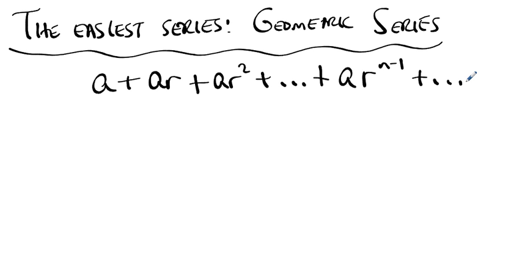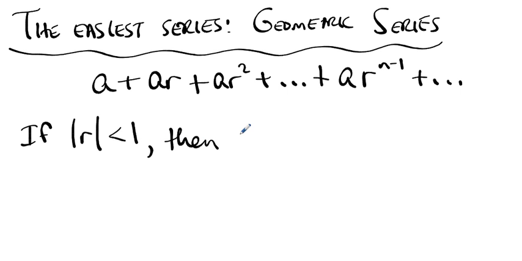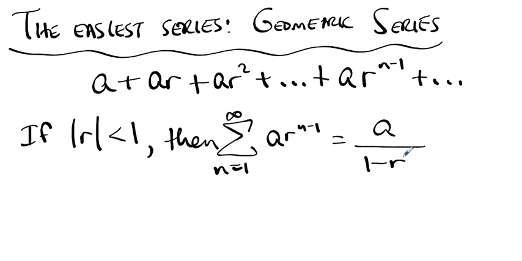This you remember from high school. Someone has proven these results to you, I trust. And those results are as follows. If the absolute value of the common ratio is less than 1, then the sum of the infinite geometric series is first term over 1 minus r.